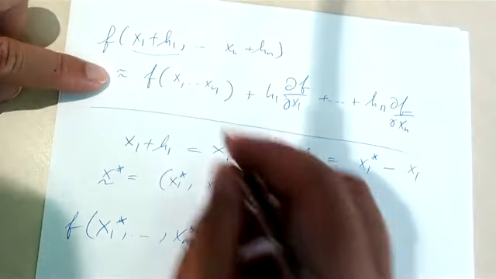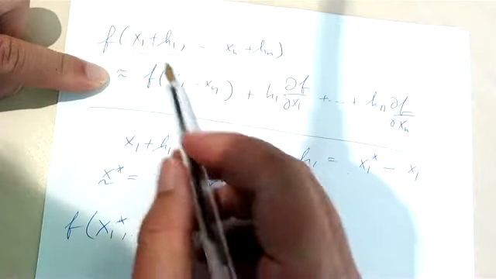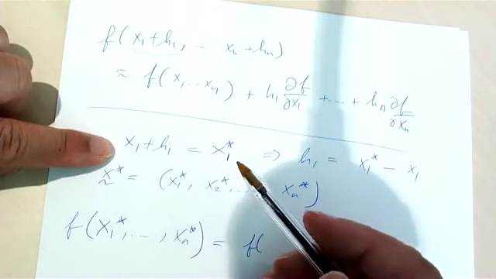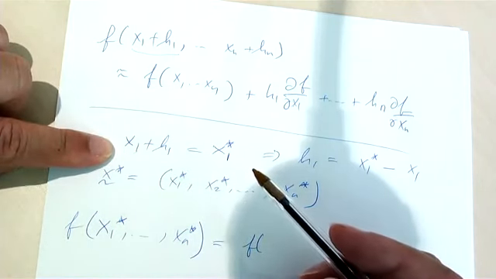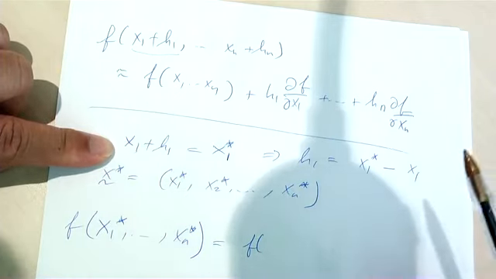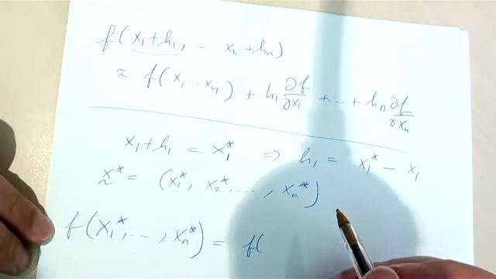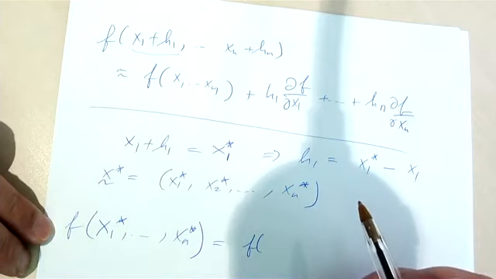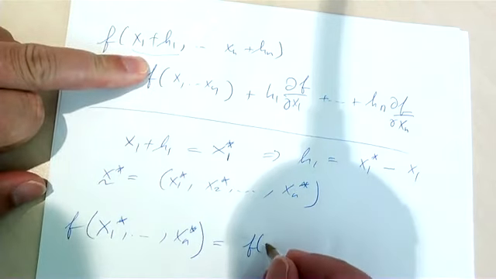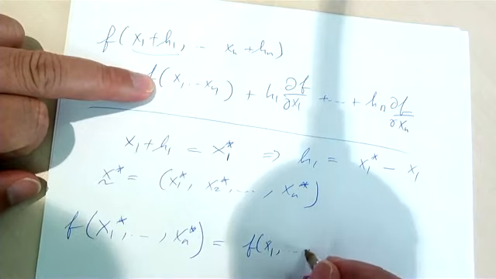Then on the right hand side I have f of, just put x1 here, because this one is still x1 up to xn.